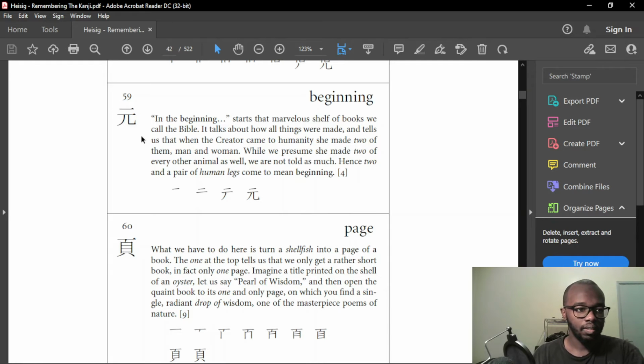So for beginning, we have knee, it's two, and human legs. And beginning, two pairs of human legs. So two pairs of human legs, beginning of time, which involved present day man.